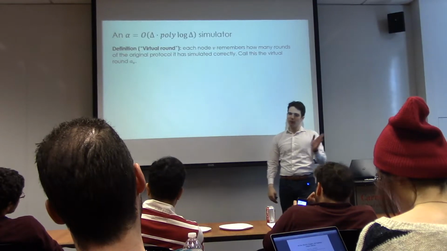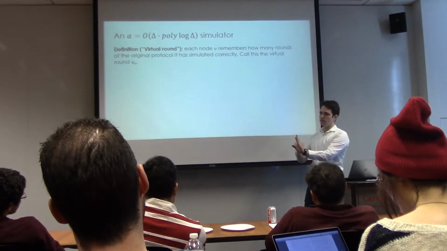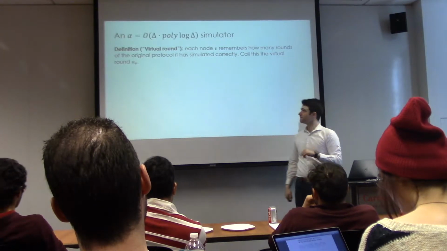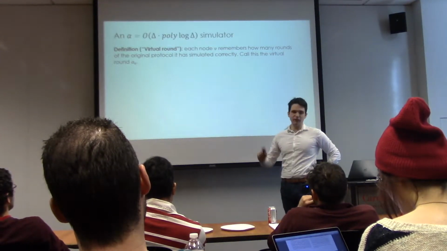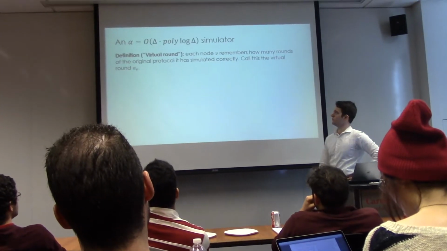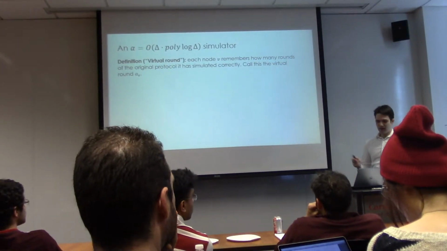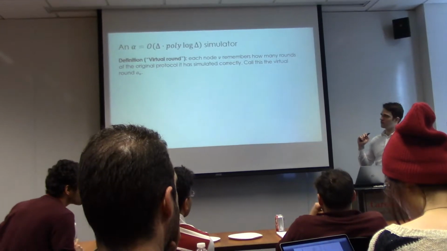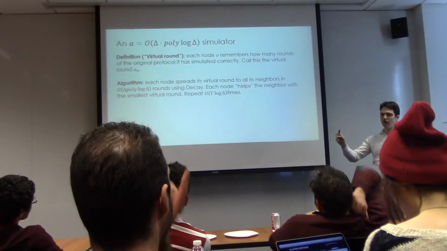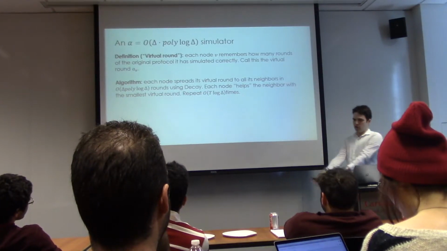Basically, it means up to what round it received all the messages it needs to. Call this the virtual round and denote it by A of V, a virtual round of the node V. Now, the algorithm is the following. You will knowledge share your virtual round with all your neighbors.